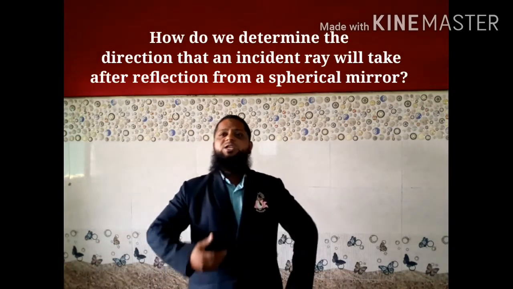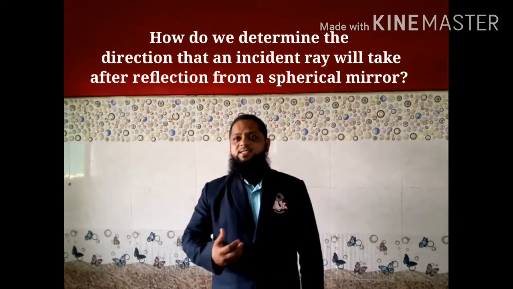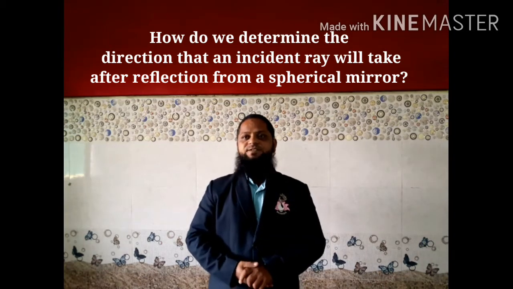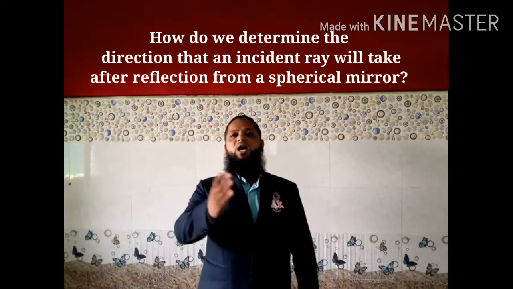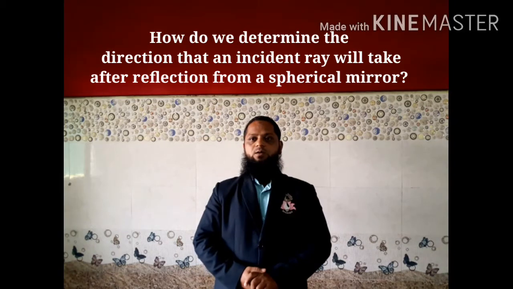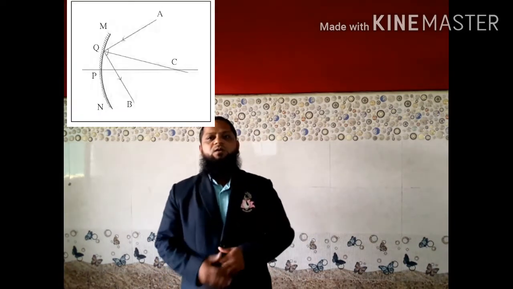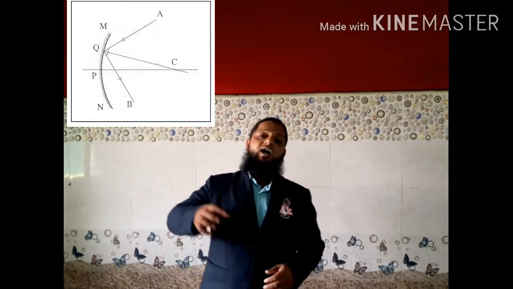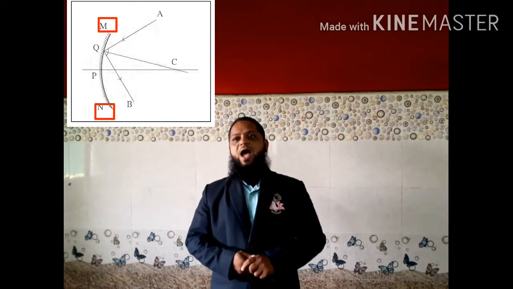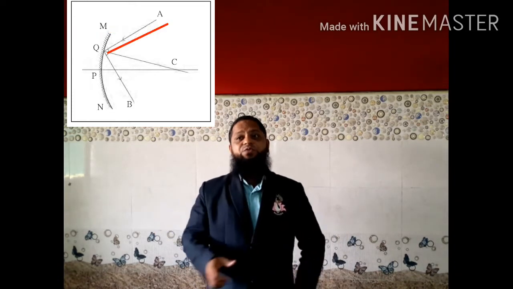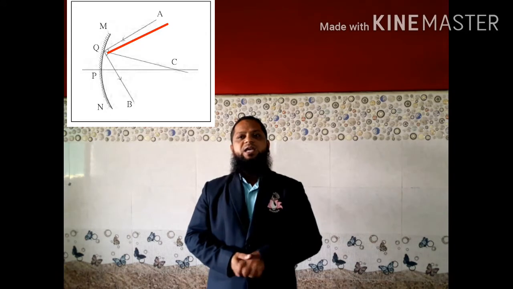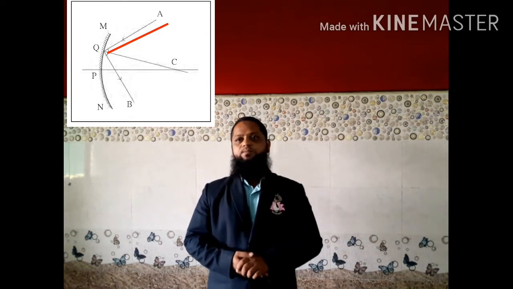Let's begin with a new topic, drawing the reflected rays. How do we determine the direction that an incident ray will take after reflection from a spherical mirror? As shown in the figure, MN is a spherical mirror and ray AQ is incident on it.